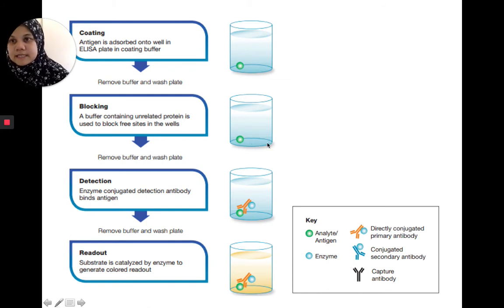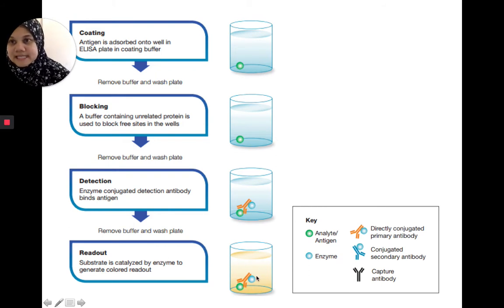This is basically to prevent non-specific binding, because usually these wells are treated so that they are very sticky. Then you add the antibody that is enzyme conjugated, and if the antibody does recognize this antigen, it will stick, and when you wash off the excess, the ones that stuck will remain.